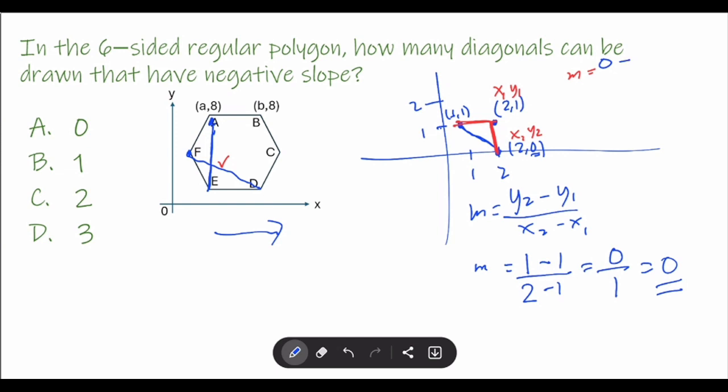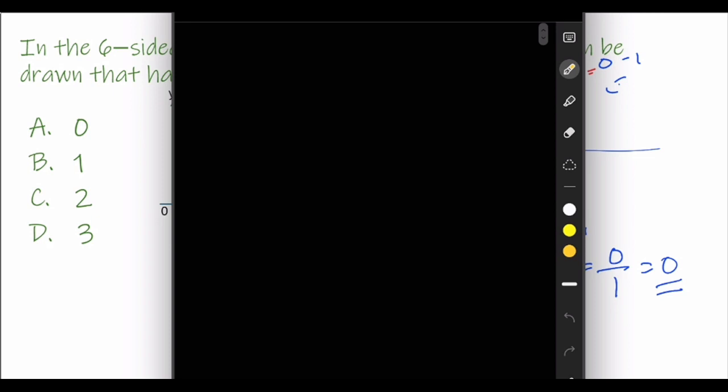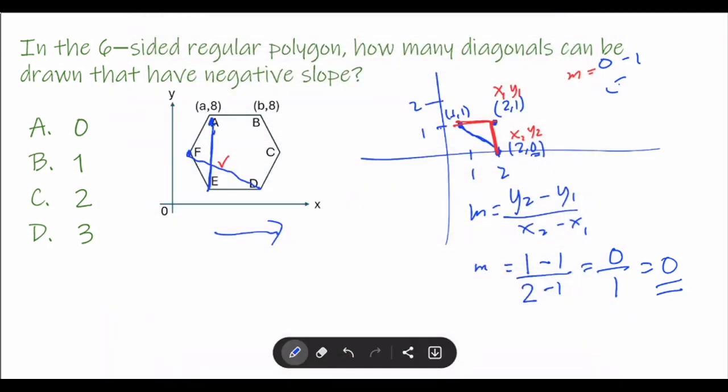That's 0 minus 1 over 2 minus 2. So m is equal to negative 1 over 0, which is undefined. And so A to E is not possible.